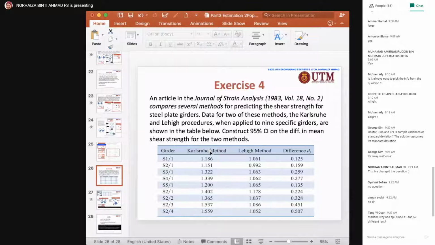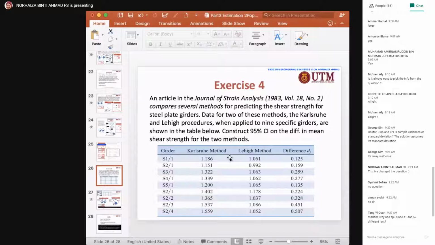For girder 1, applied to Carl's rule method, you get an observation of 1.186. When applied to method 2, it has 1.061. It also gives you a difference value.